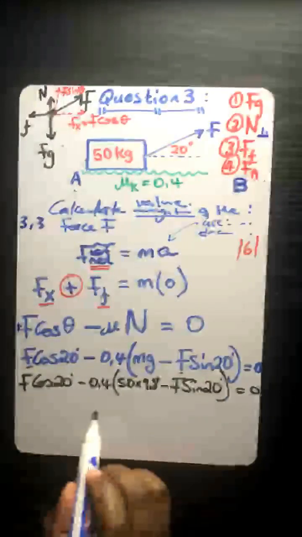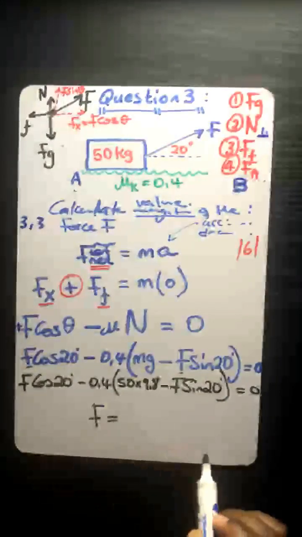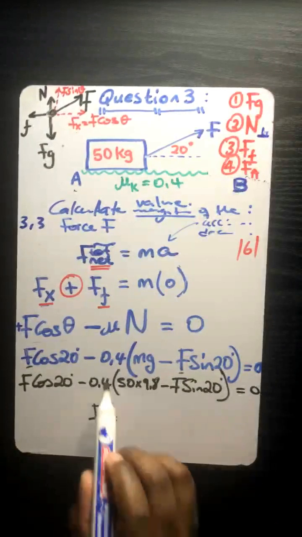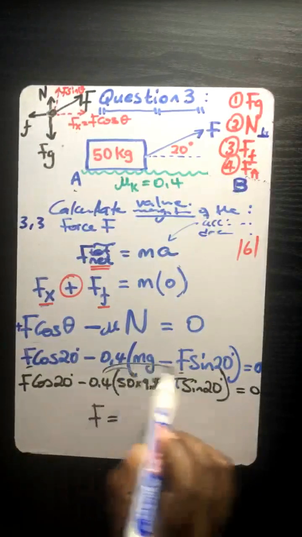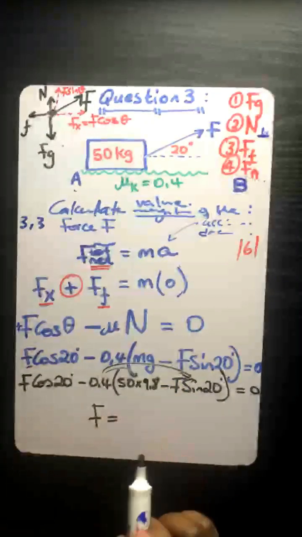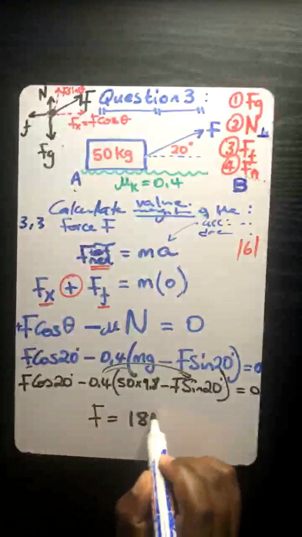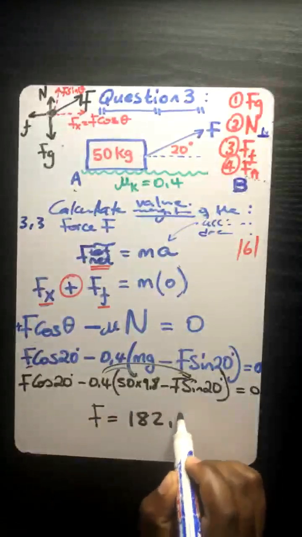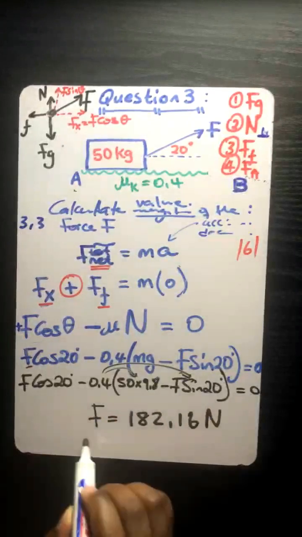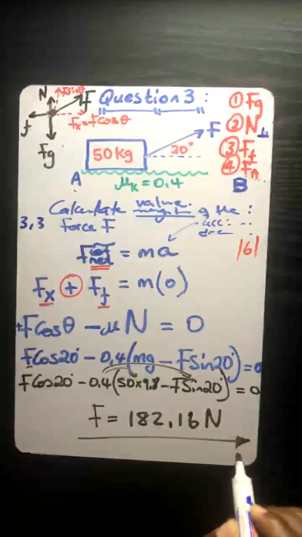I will just give you the final answer because you just need to apply your mathematical knowledge to work it out. Obviously, you work it out until you get your final answer. On my calculations, it's 18, maybe let's say 16 Newton. Yes, you will work it out until you get that.